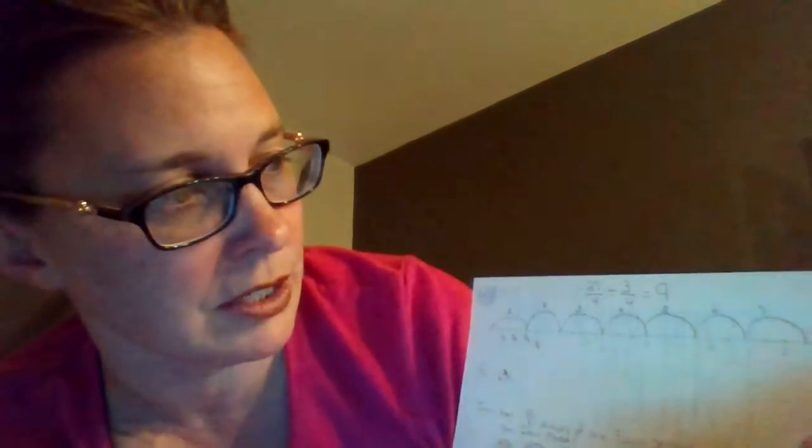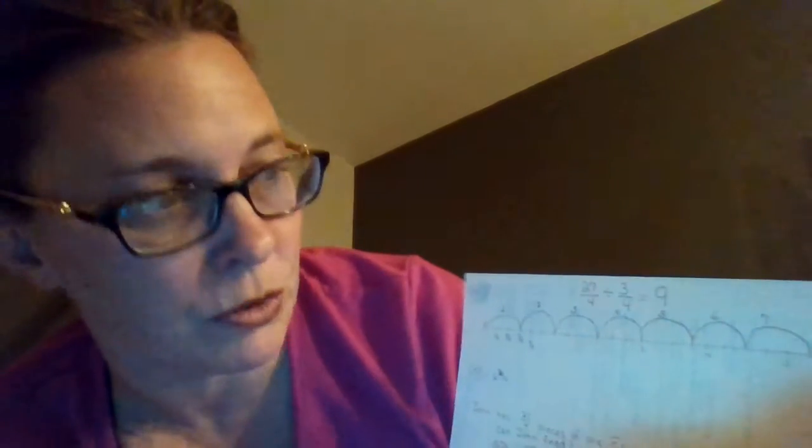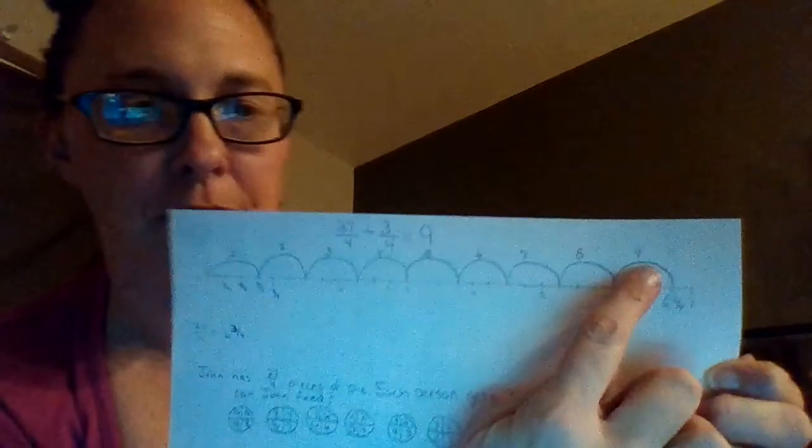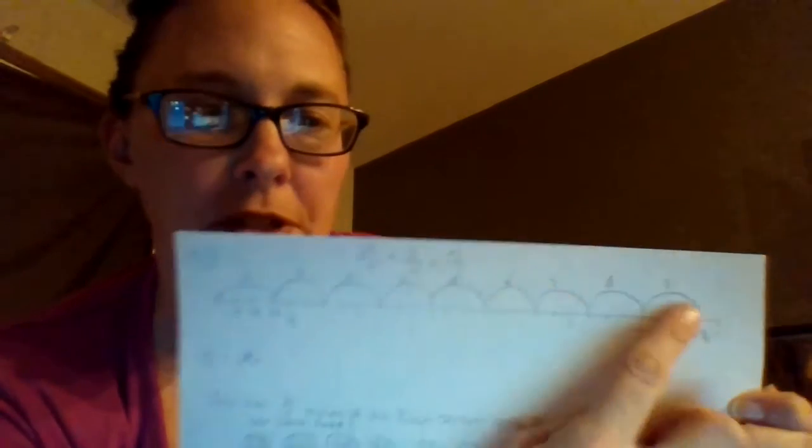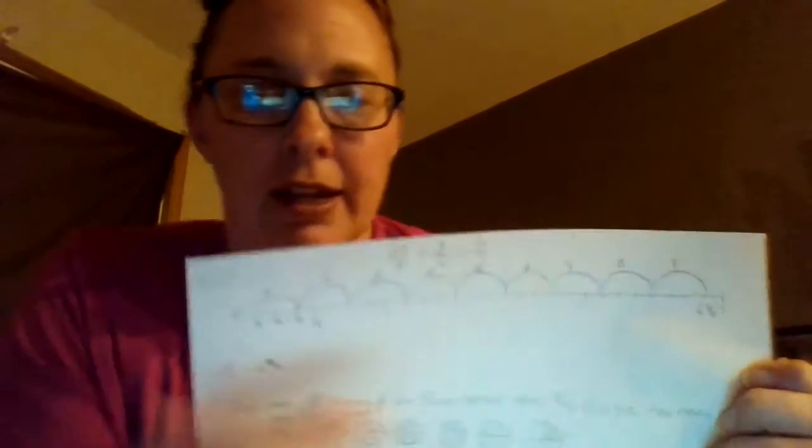And then we jumped. How many jumps would 3/4 go all the way until you get to the 27/4 or 6 3/4? And the total amount of jumps is 9.